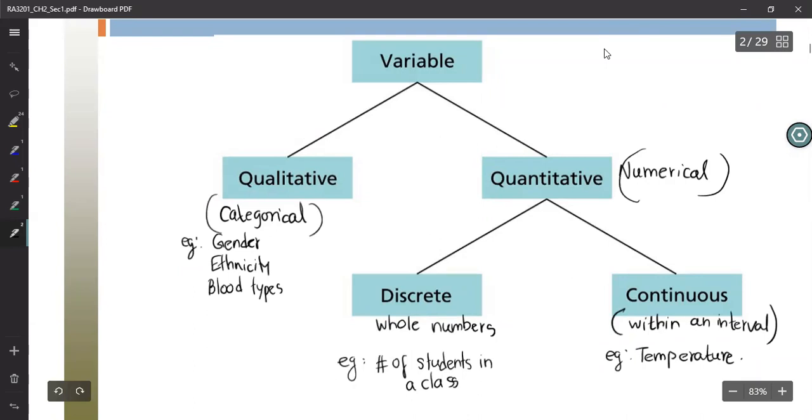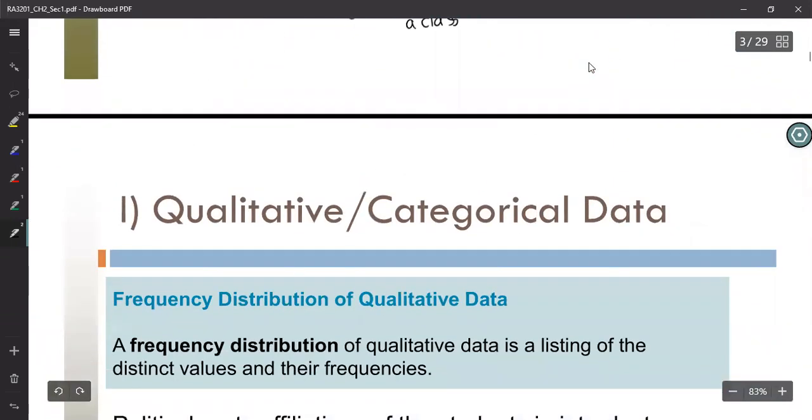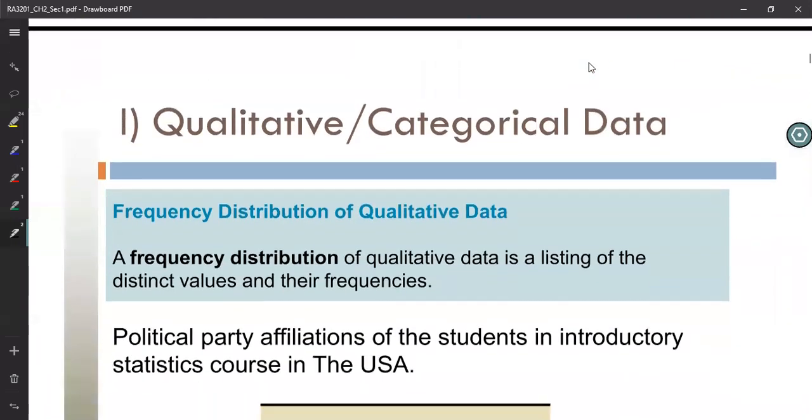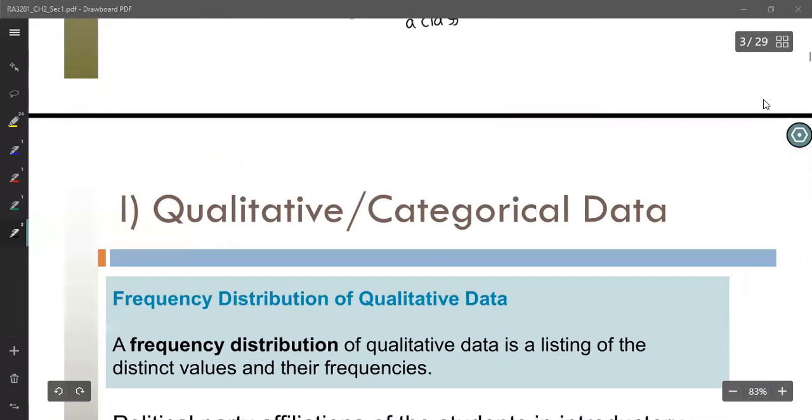Any advantage of using graphs? Easy to summarize, it is easy. Actually, when you look at a picture, it is very easy to get the information, very quickly. So let's look at an example and see.